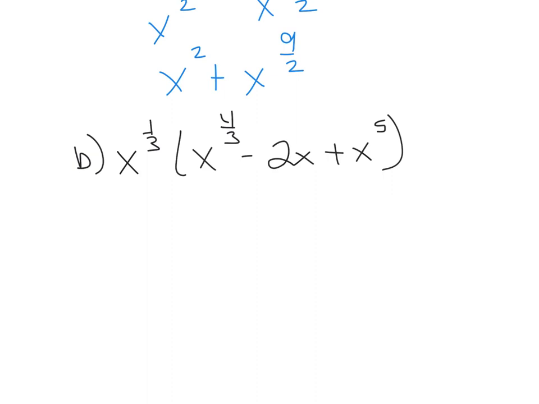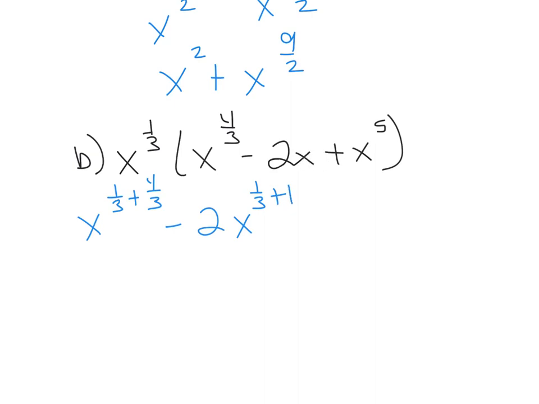So we're going to get x to the 1/3 plus 4/3, and I'm just going to write all this out, then I'll go back and simplify it, minus, all right, when I multiply this times this, I have a 2 coefficient, so I don't want to forget about that. 2, and then the x's, 1/3 plus, there's a 1 here, do not forget about that 1.